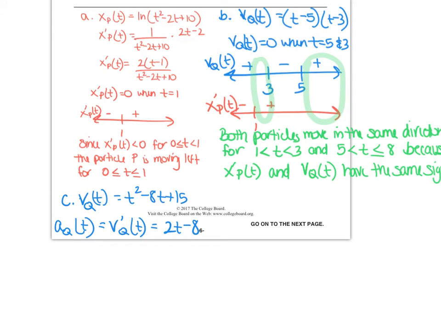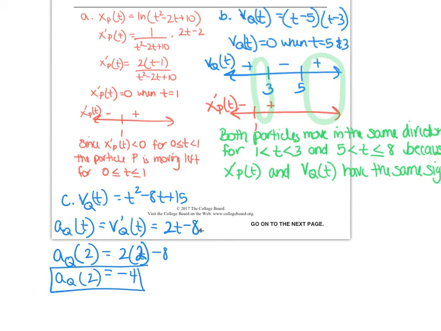So to find the acceleration at time equals 2, we just go ahead and plug it in, which gives us a negative 4. So at time equals 2, our acceleration is negative. So find the acceleration, that's the first part.